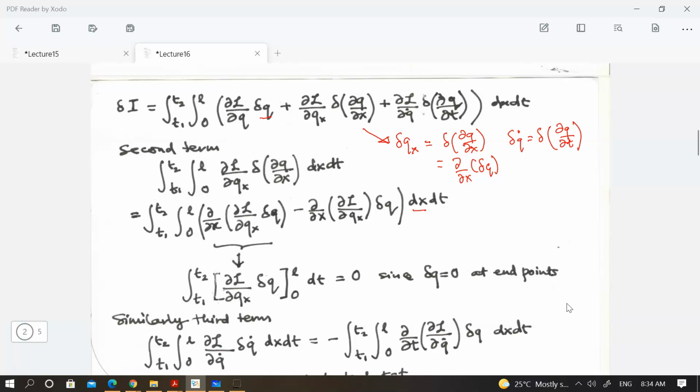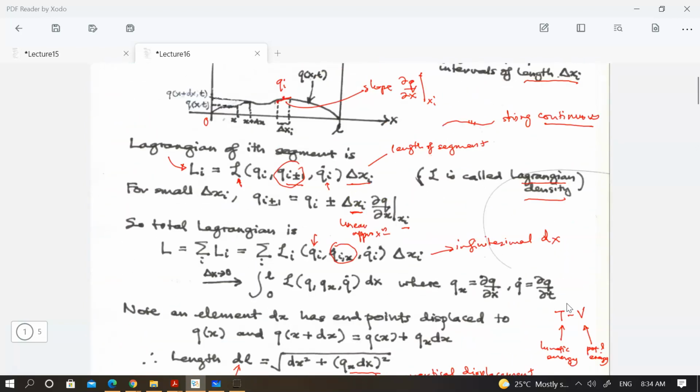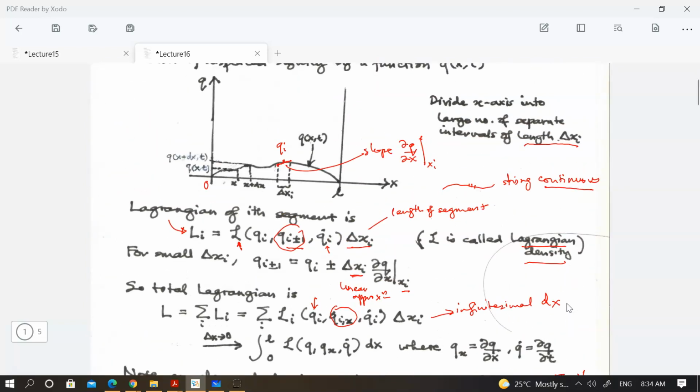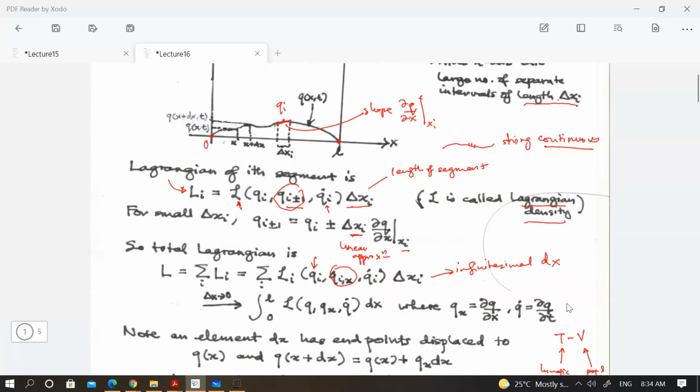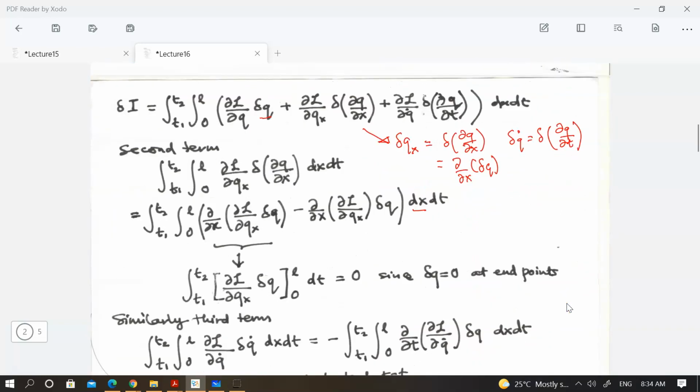And essentially, I forgot to mention, we are going to fix those points. Remember, this is just like your vibration of a string. You fix the point of the string here, and you fix the point of the string over here. So when we evaluate this boundary term, you evaluate your delta Q at L and delta Q at 0.